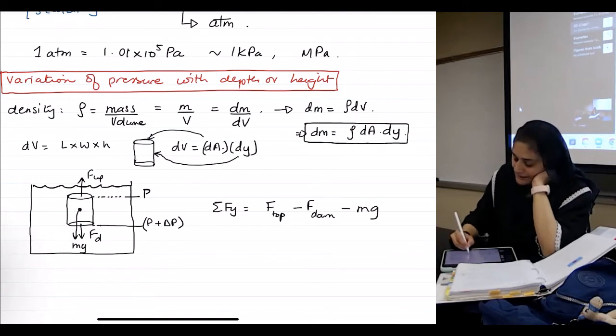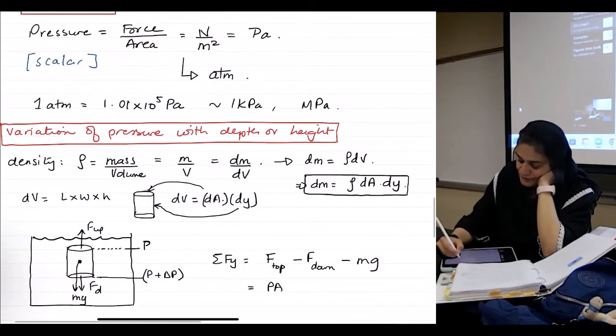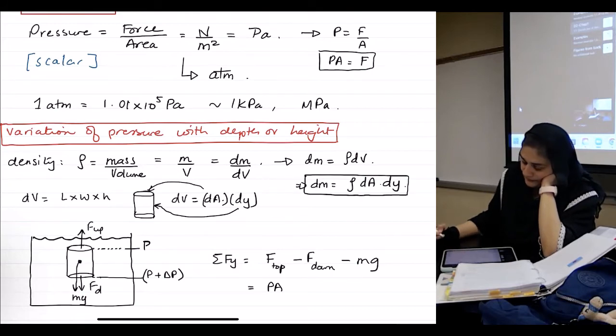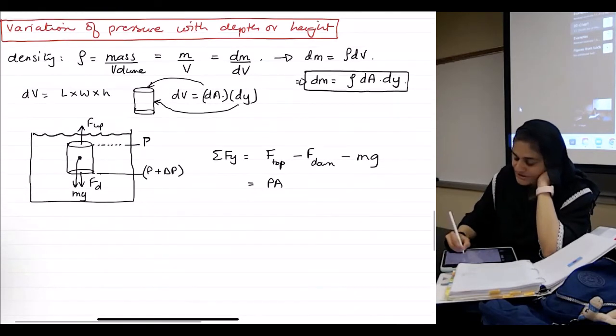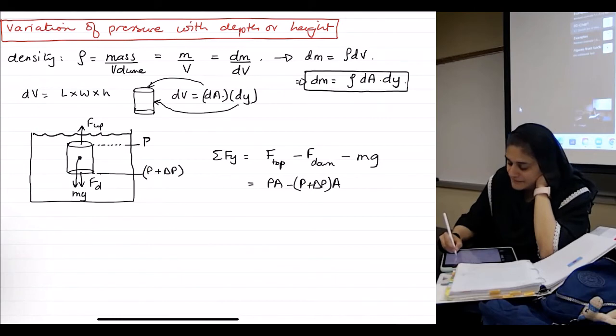Okay. Can I write this as PA? My definition of pressure was force per unit area. So is force going to be PA? Will the force down be P plus delta P times A, minus rho dA dy g?